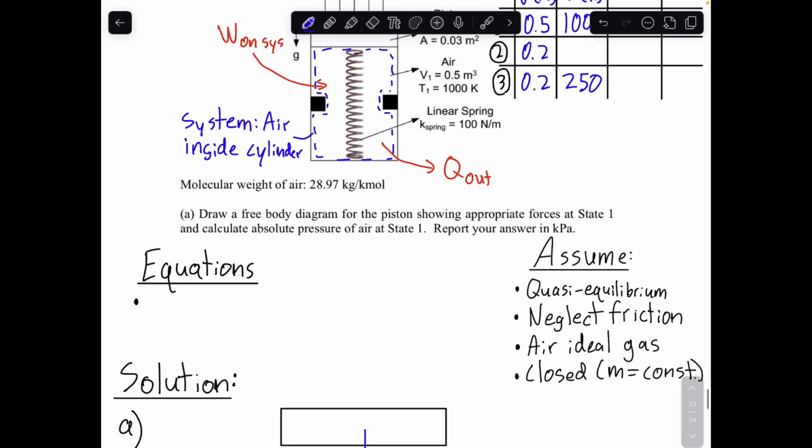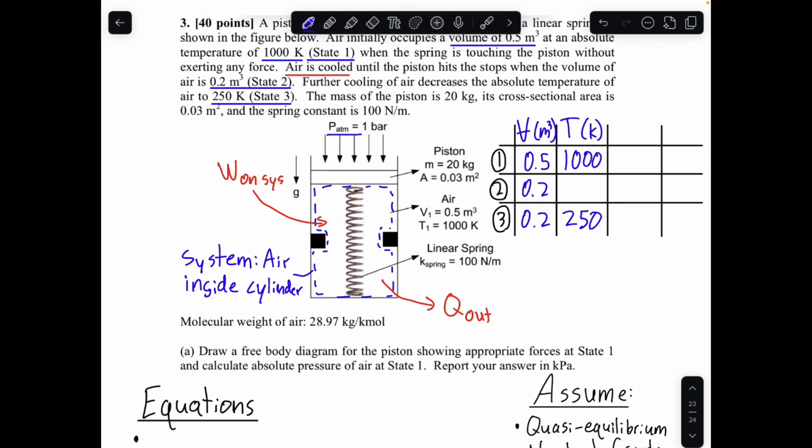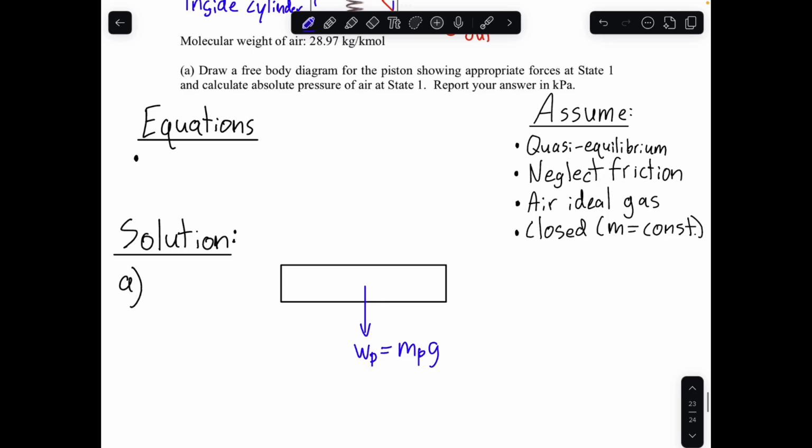Then we have the other two forces in terms of pressure, but we want to express those as forces, not pressures. We need to remember that pressure is equal to a force per area. That's just our definition for pressure. So if we want to express this as a force, we just say that the force is equal to the pressure times the area over which it acts.